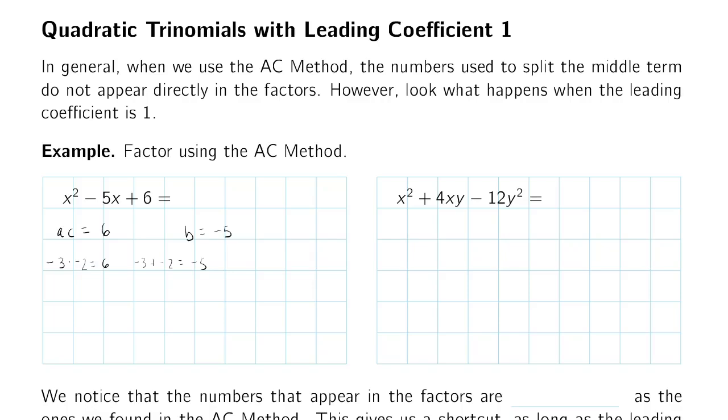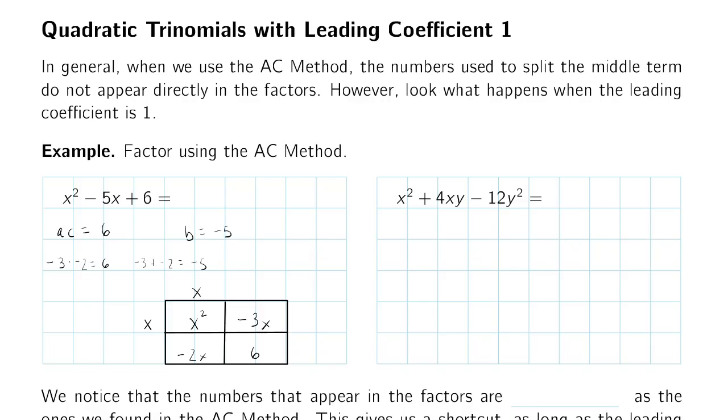And so I factor by grouping. My x squared and my 6 go in my corners. And then my middle term I'll split up as negative 3x and negative 2x. My first row, the greatest common factor is just x.